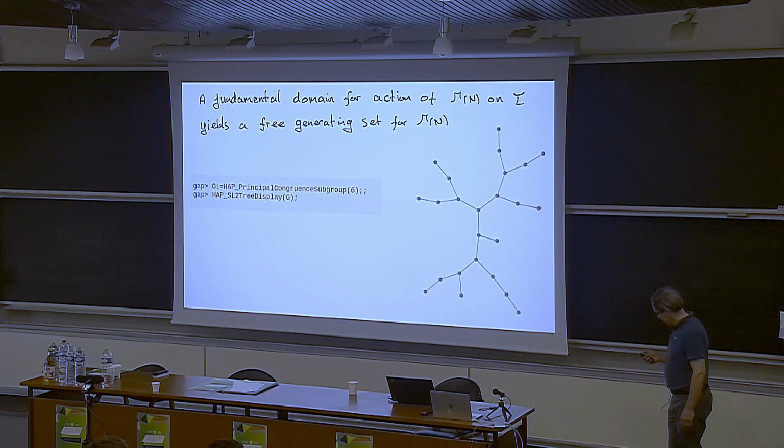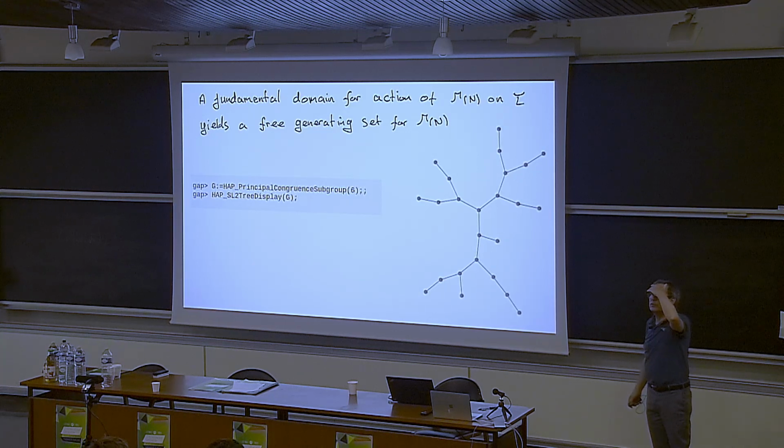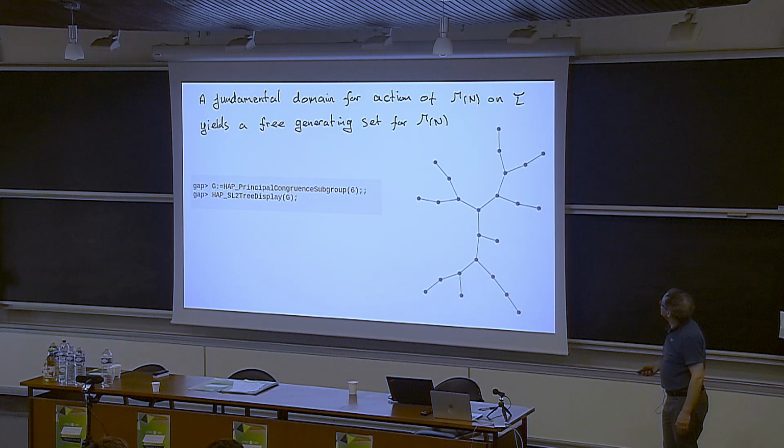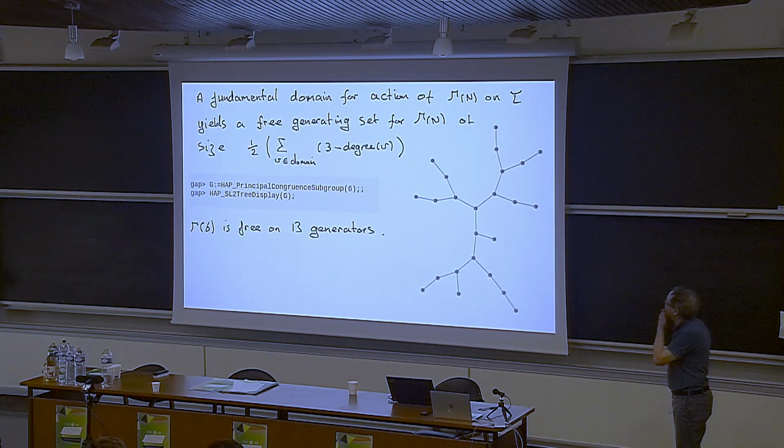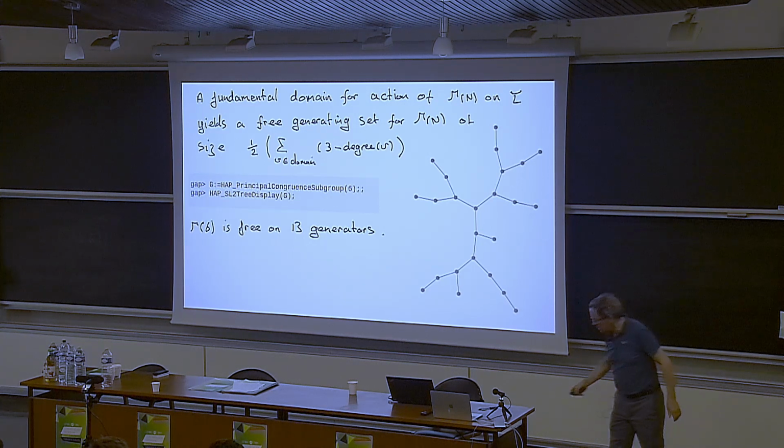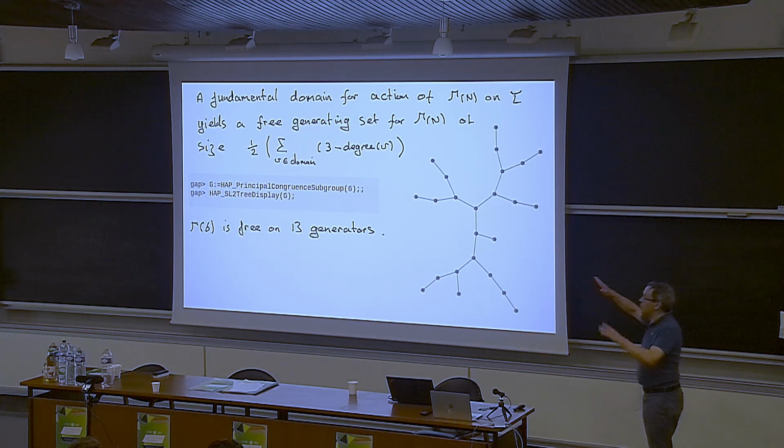And so, can anybody tell me from that picture what is the rank of the free group? That's a mean question, but it wakes people up when you do that. So let me give the answer. If I were to quotient by the action, I'd have a quotient of the trivalent tree, so a finite trivalent graph.